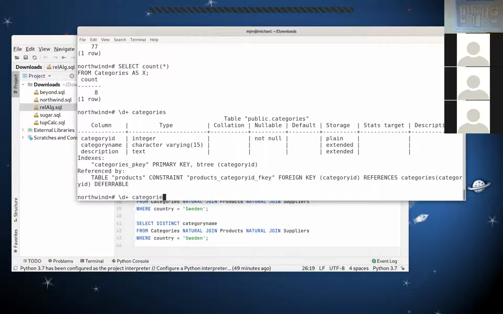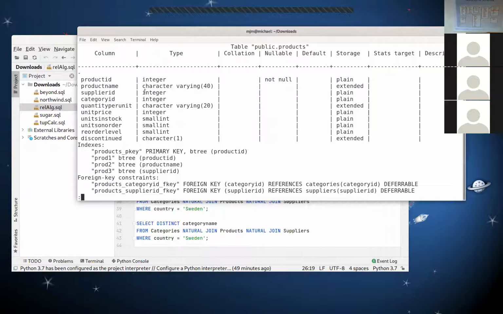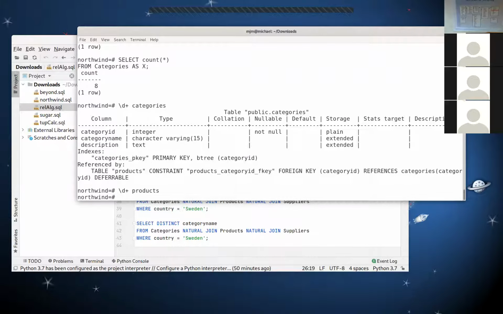And if I do the same thing with products, look here, it's got category ID here, and it's type integer. So these are actually shared between the two tables. That means we have a candidate for a natural join, because the name is the same and the type is the same. So natural join should work.